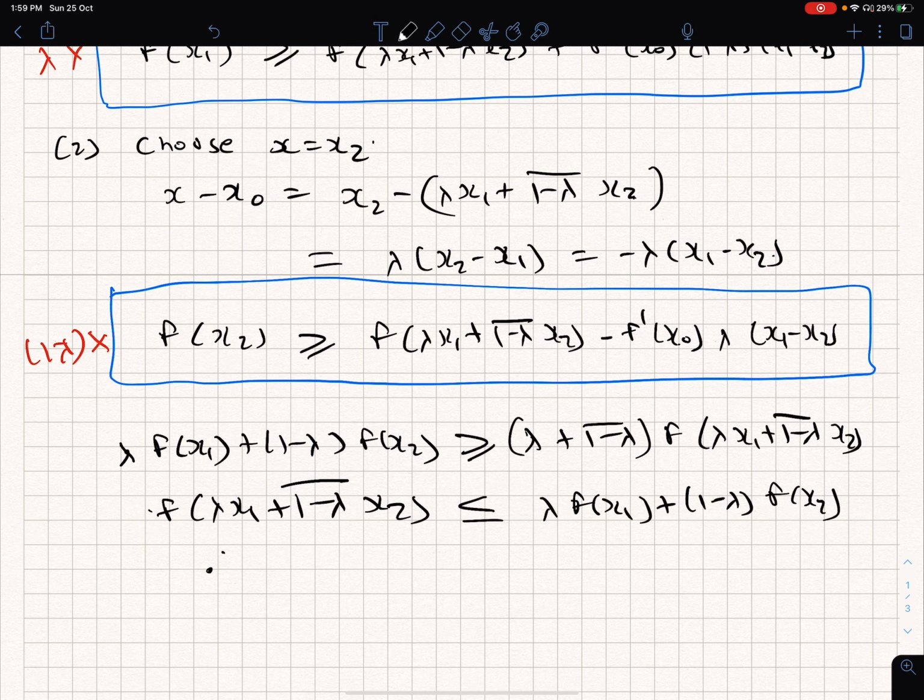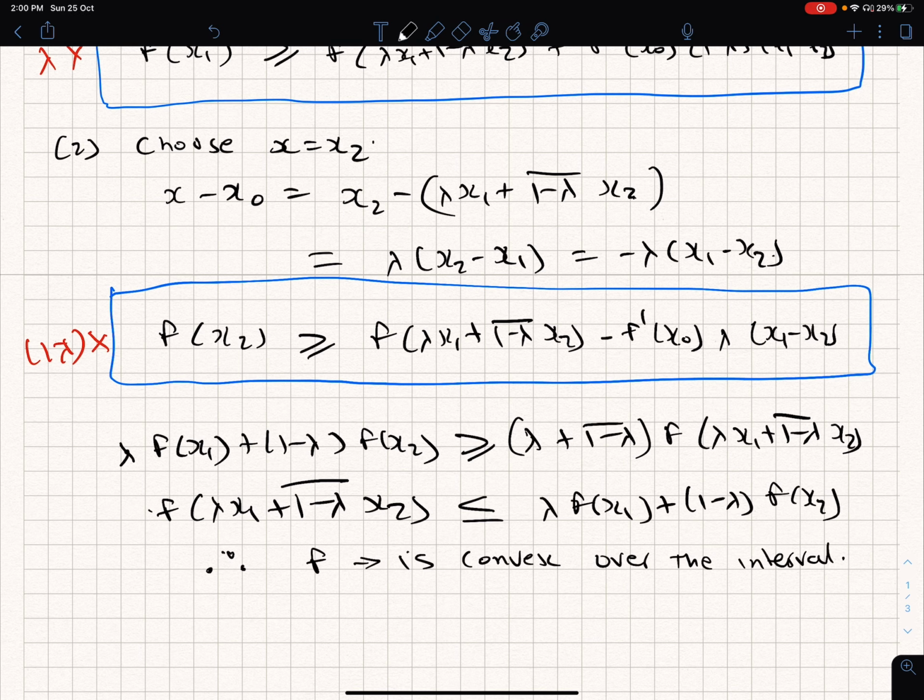Therefore, f is convex over the interval. So if the second derivative of the function is greater than or equal to 0 on the interval, then the function is convex on the interval.